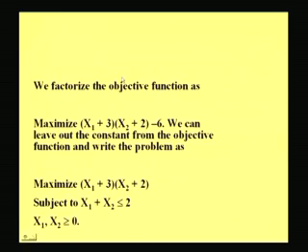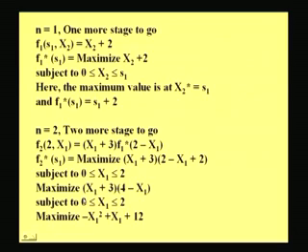We assume that a resource s1 is available here for variable x2, which means something has been allocated to x1 and the balance is available as s1. So subject to 0 less than or equal to x2 less than or equal to s1.